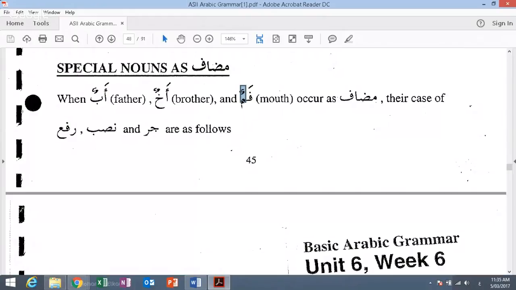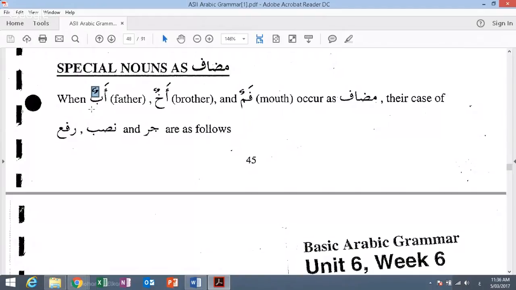Abun, Akhun, and Famun. So when you ascribe, then what will happen for Abun? You have to remember that Mudaf cannot carry the Tanween. So this Tanween will go away anyway. So should we put the Rafa one or how? The way in Arabic is that we are going to put Waw here instead of Dhamma.